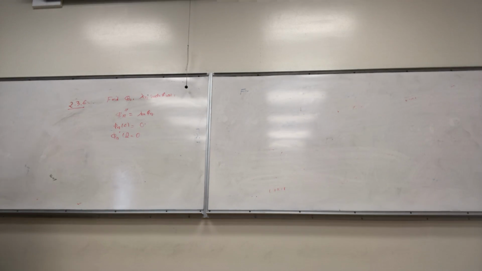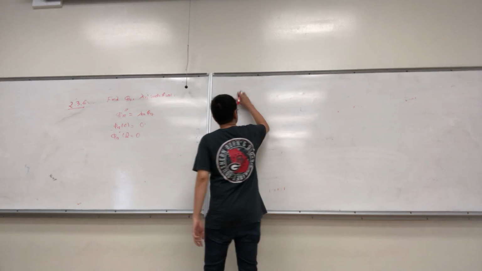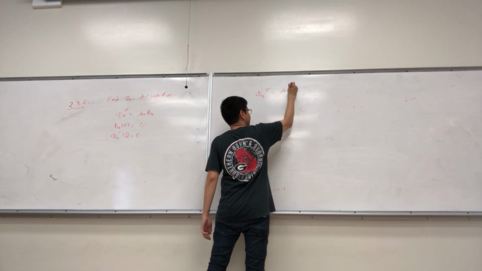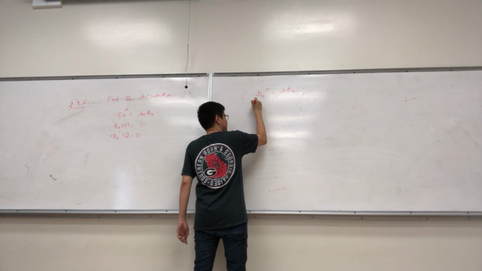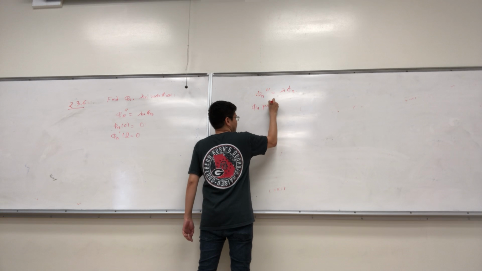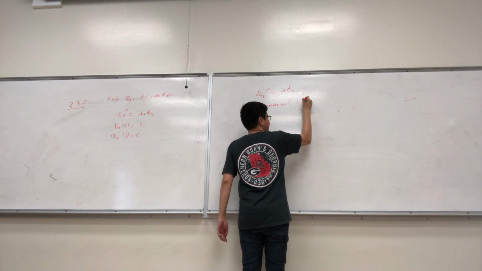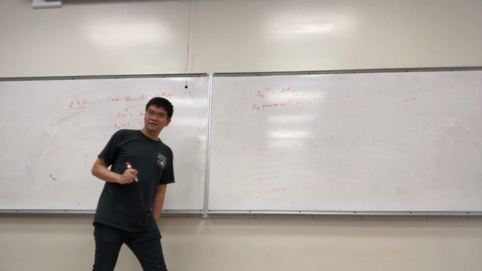From the previous exercise, from the previous Fourier series, we know that phi second n is equal to lambda n phi n, and phi n is periodic on minus L to L, right?